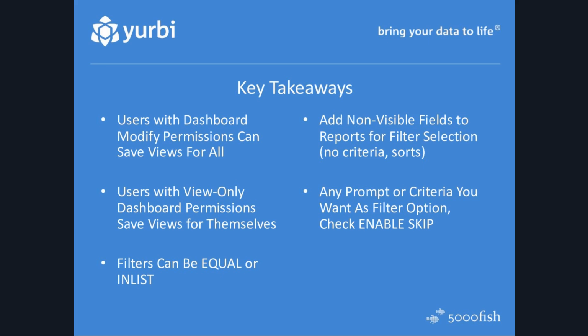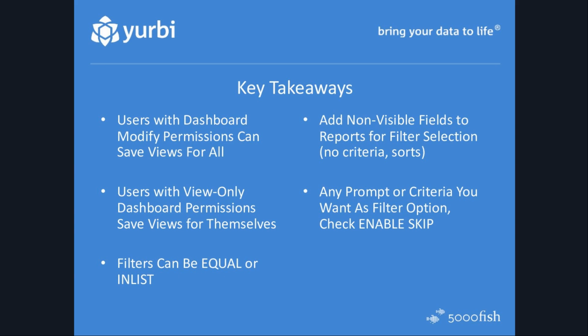Then the last thing we covered is if you hard code something, if you add criteria to a report, by default, YOURB is going to believe that you did that on purpose and you don't want anybody to see anything but that hard coded criteria. But from a dashboard filter perspective, you might want people to go beyond that, especially if you're using our data level security.